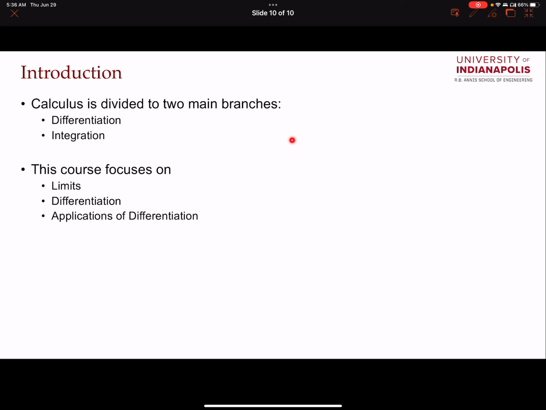But if you have time, I highly encourage you to go through chapter 1. At least skim through it, do a couple of examples, and brush up your knowledge of algebra and trigonometry. This is going to be very useful during this class.